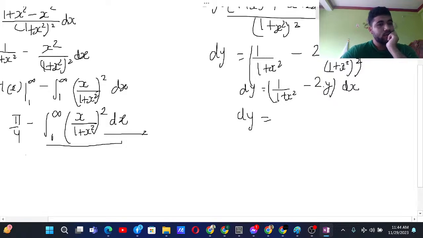Okay, so first of all, let me try it again. Try another way. So we have pi by 4 minus the integral from 0 to infinity. We have x². Let me make it plus. So we have minus x², and then, but will that really be helpful?